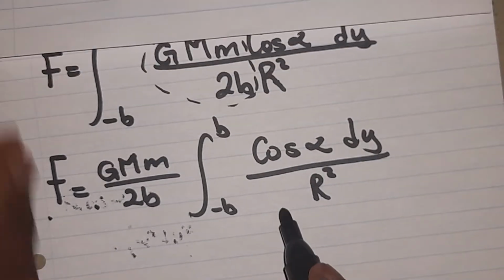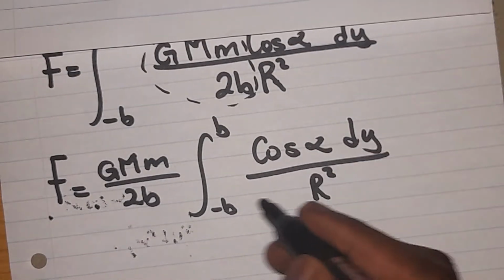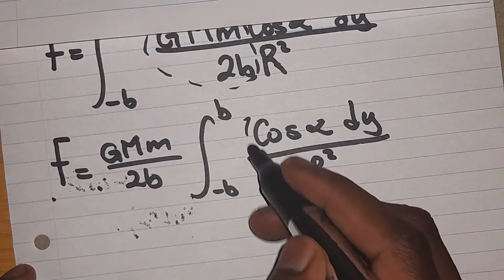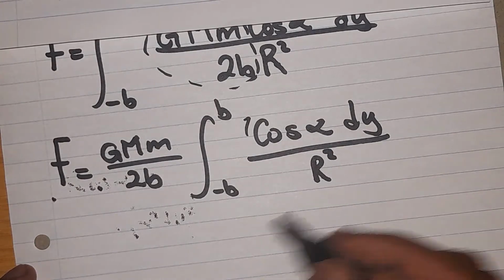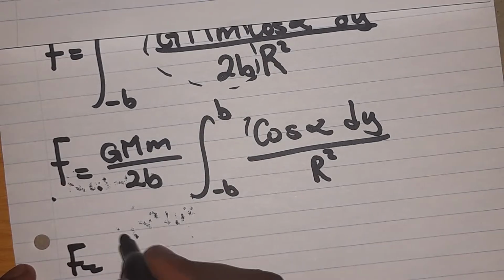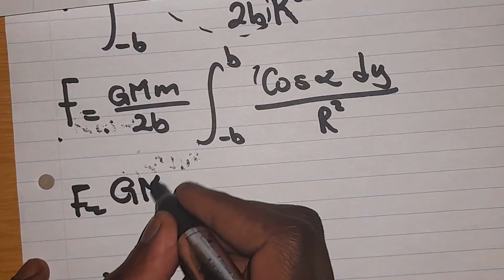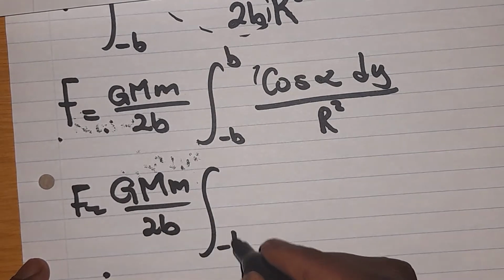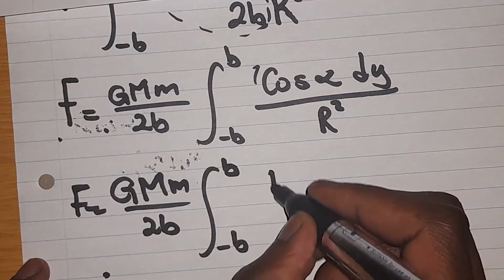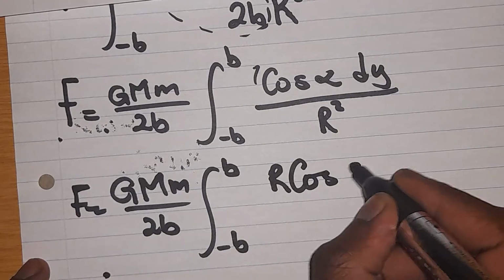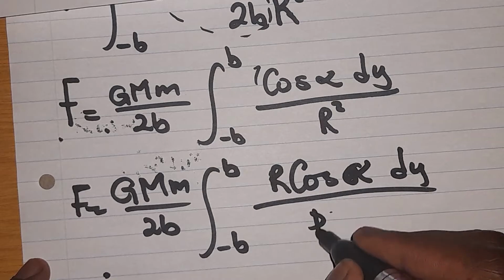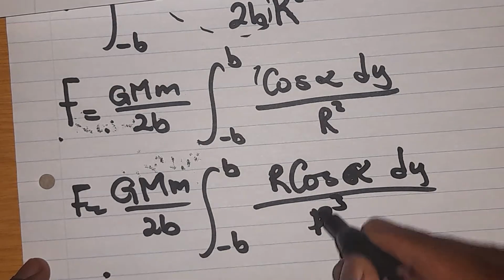So if you come back here, we multiply the top and the bottom so that we can get r cos alpha, because we only have r here. We have to multiply by r, but we also have to divide by r. So we'll have F equal to G capital M small m all over 2b, times the integral from negative b to b of r cos alpha dy all over r cubed, right?